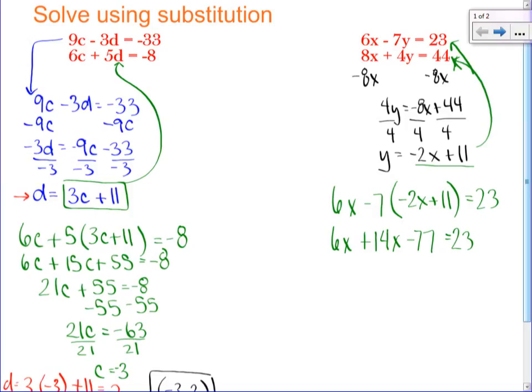Okay, combine like terms. Move the 77. And divide.